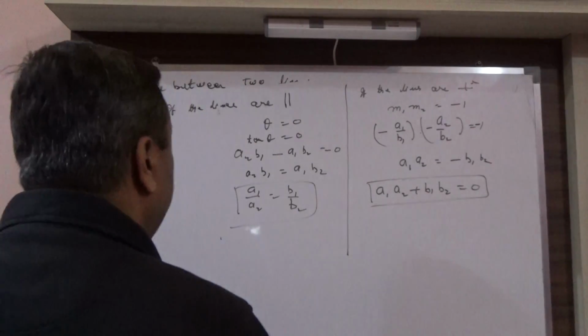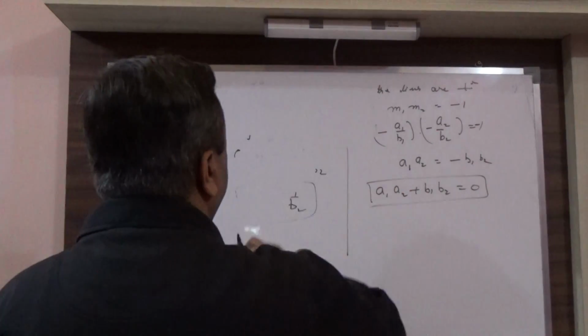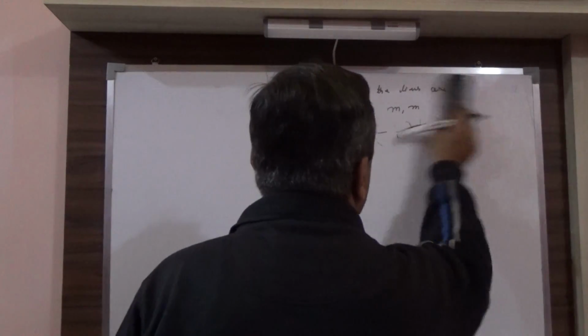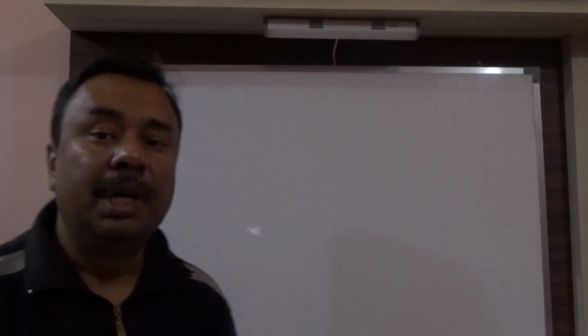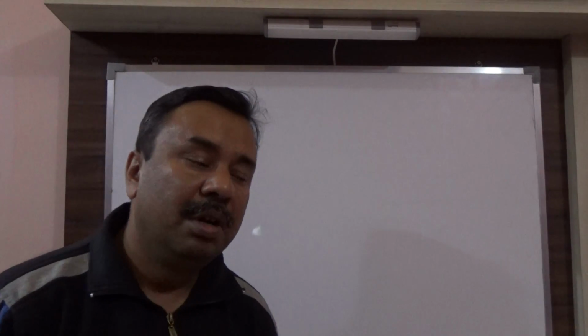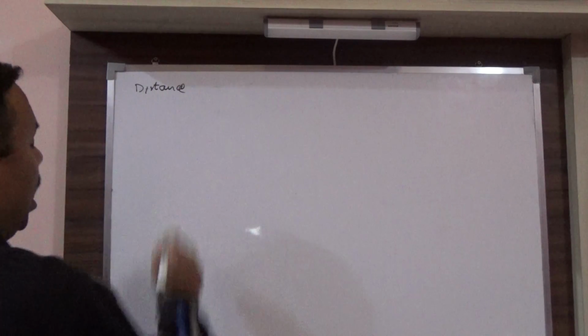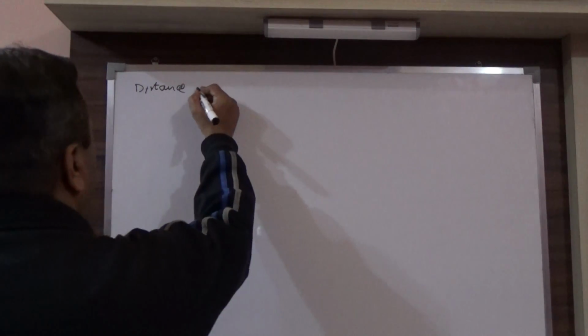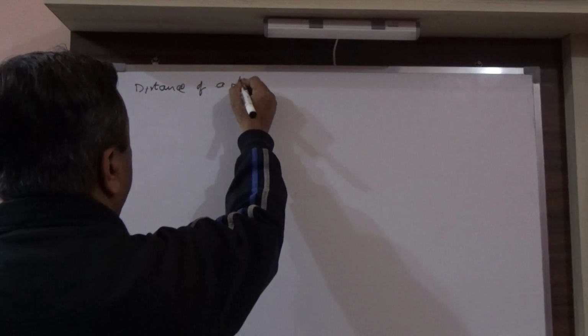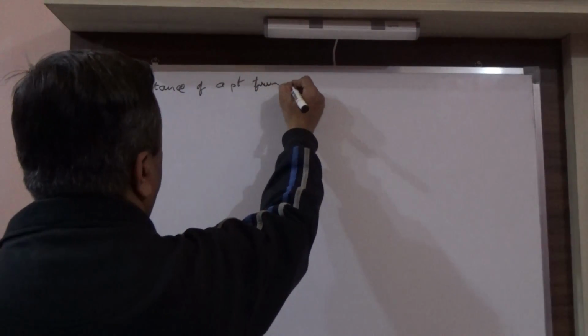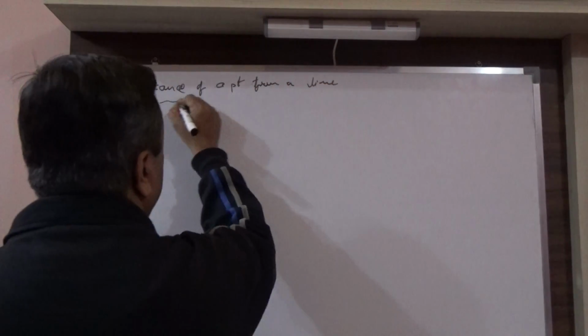That is, if a line is given and another point is given that is not lying on the line, and you have to find the distance of the point from the line, that means the length of the perpendicular drawn from the point onto the line. Once I make the figure, you will easily understand the distance of a point from a line.